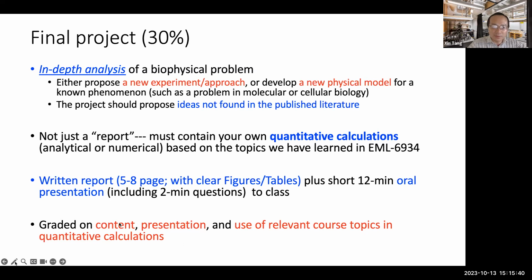So your content matters, your presentation matters, and also the use of relevant course topics, and the validity of your quantitative calculation matters. Whether this makes sense or not, whether this is really relevant to class. Based on this, you will get the final grade.